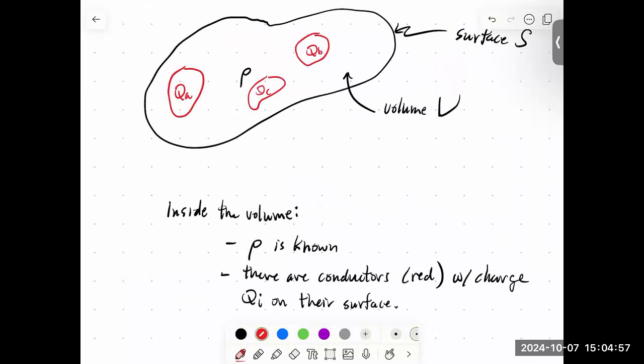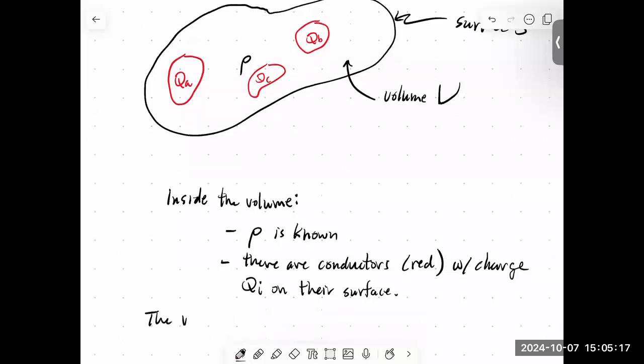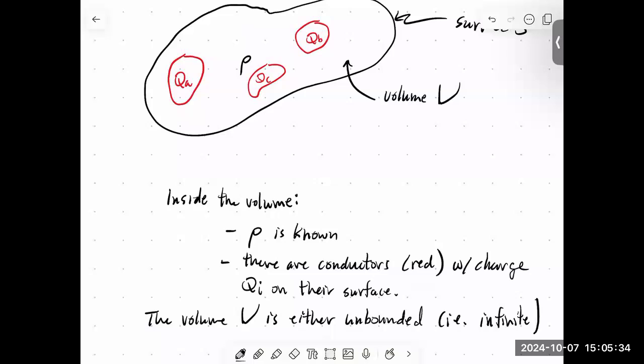The only other thing that I'm going to specify is that this surface that surrounds our volume is either a conductor or it's out at infinity. So the volume V is either unbounded, i.e. infinite. If it's infinite, then the potential out at infinity is defined to be zero.